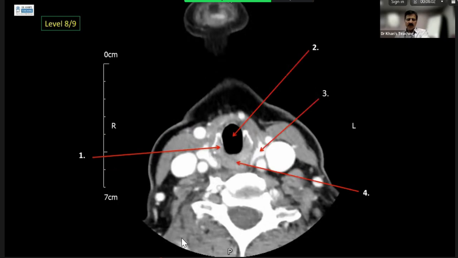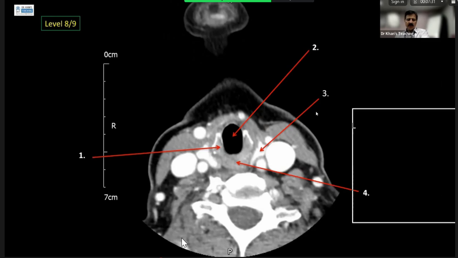And then second last. What is number one? Cricoid. What is number two? This airway. So the trachea will be inferior to the level of the cricoid, right? So this is the infraglottis.